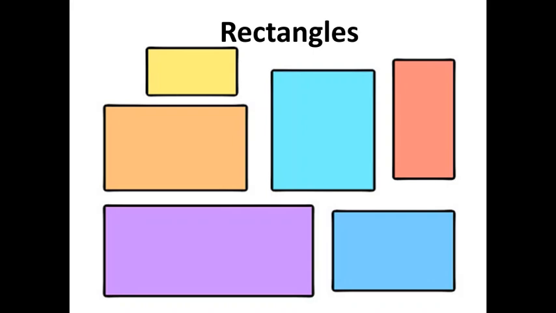So even if the sizes differ, the plane shape is the same, that is rectangle. Remember, rectangle has 4 sides and 4 corners. Rectangle has 4 sides. Its opposite sides are equal. It has 4 corners.